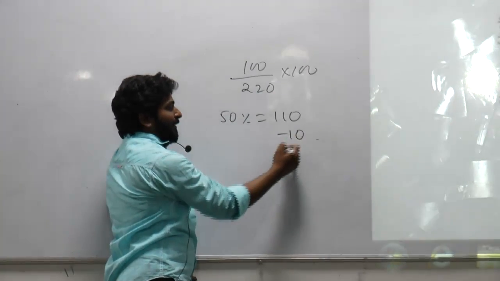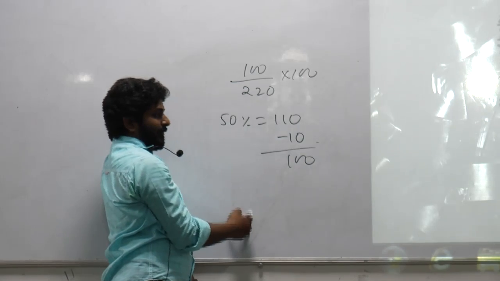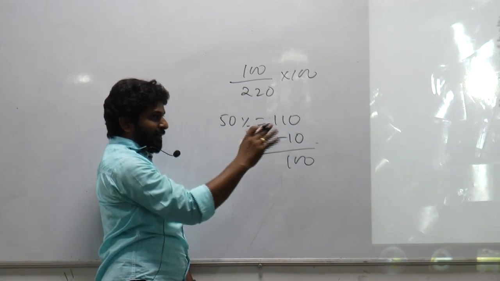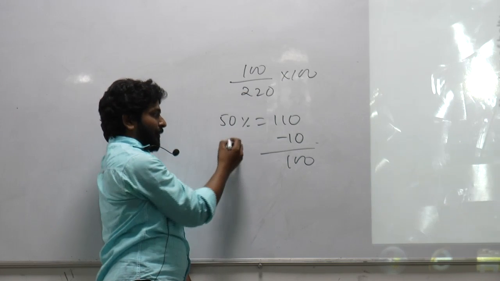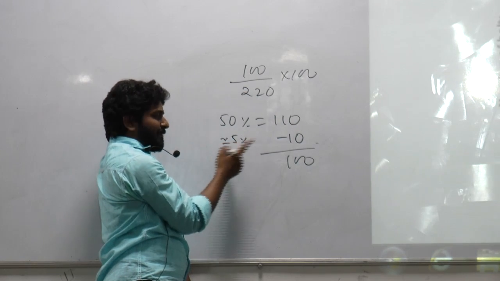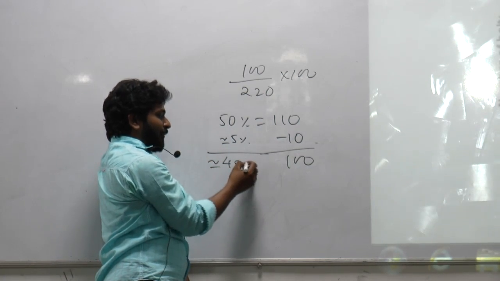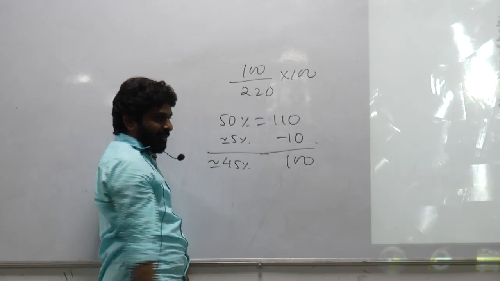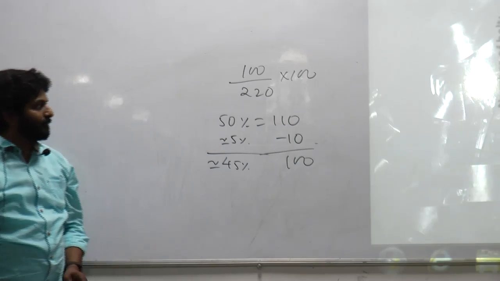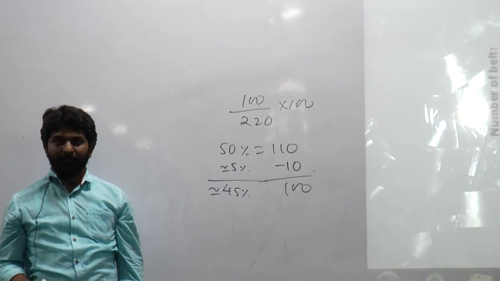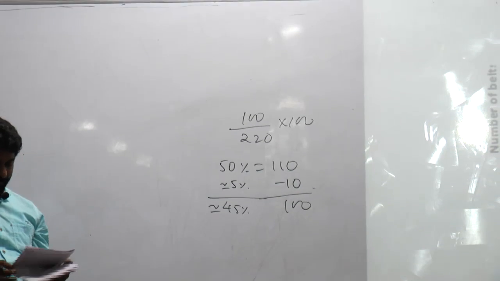Again you need to subtract 10 to make it 100. What about 5%? 11. So you need not even subtract 5%. Approximate to 5% but less than that. So answer should be approximate to 45% but more than that. How much? 45 5 by 11. That's it. Any other question?